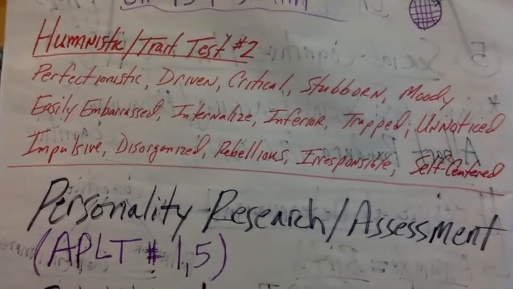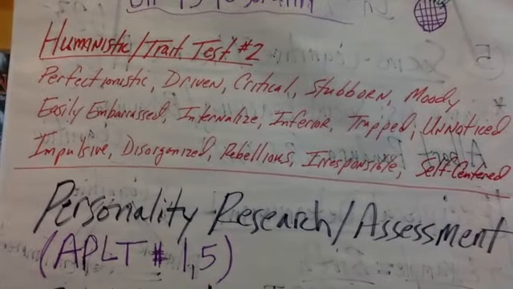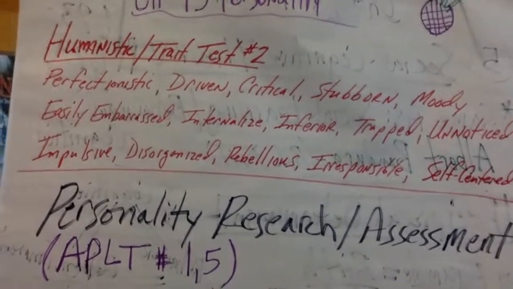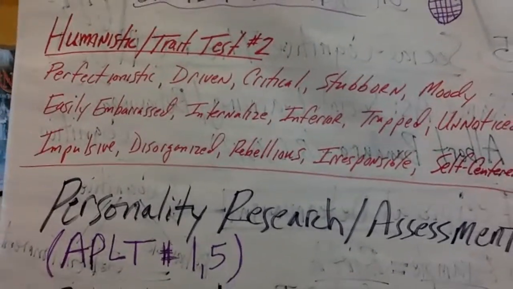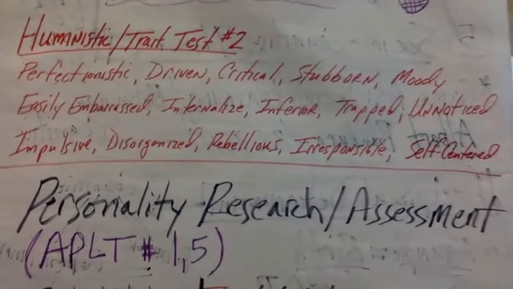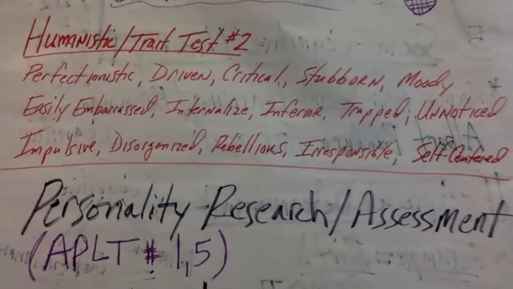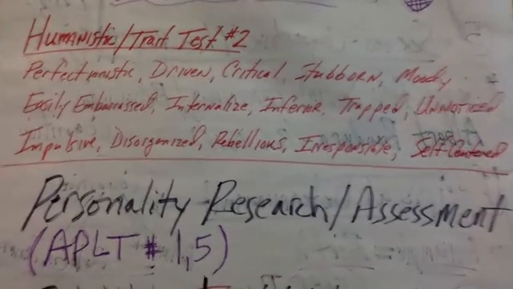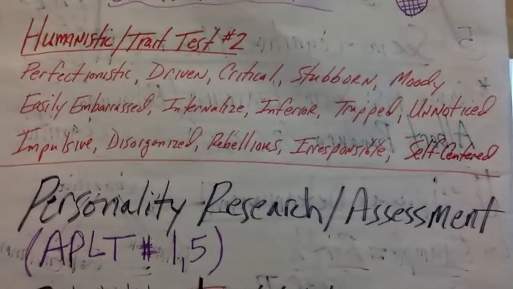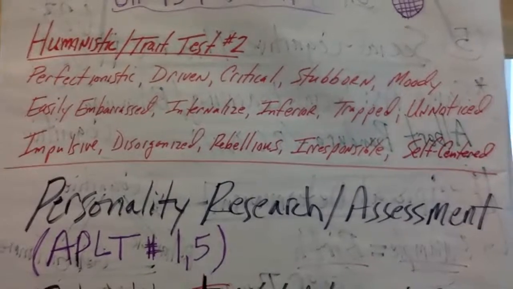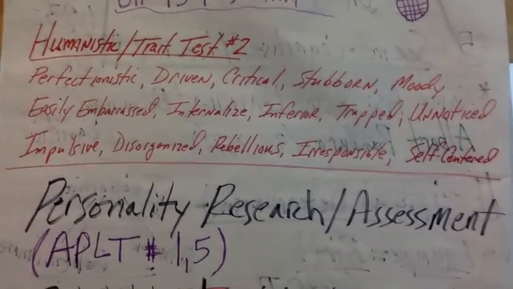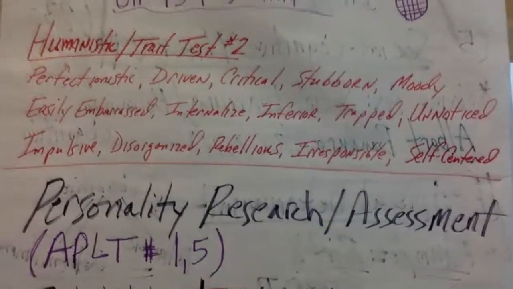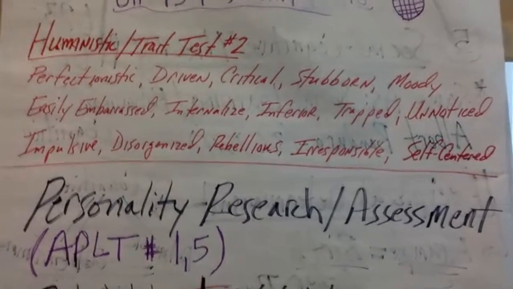Okay, so perfectionistic, driven, critical, stubborn, moody. Okay, so driven would be motivated. Critical would be always evaluating, critiquing other people and things. All right, then we have easily embarrassed, or you could just put embarrassed.